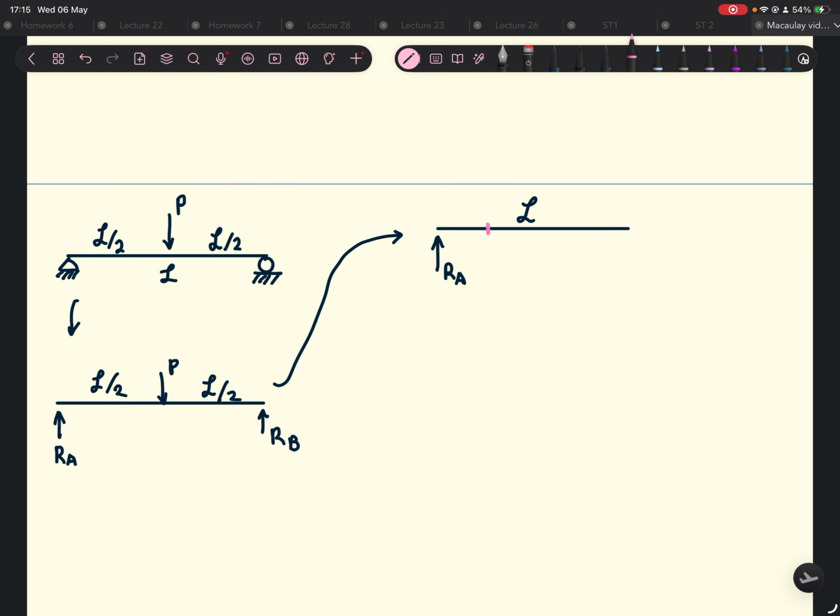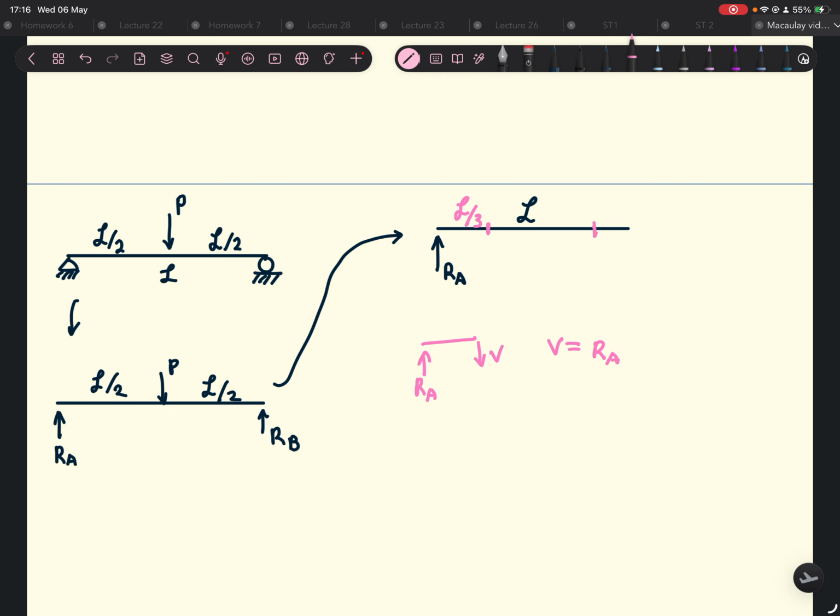I can section it here, and let's say I call this length L over 3. If I draw that length L over 3, I have RA here, and then I have my internal shear force. Then if I do sum of forces, my internal shear force is equal to RA.